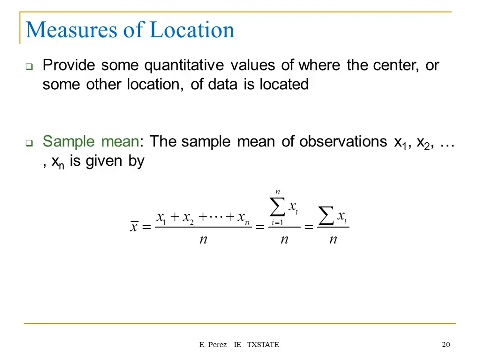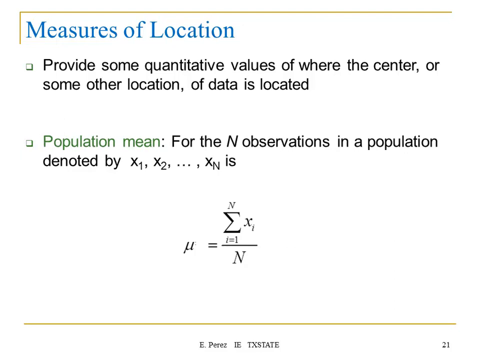And you can see the difference in the notation. For the sample mean, you use the little n, and when you compute the population mean, you use the capital N. Also, the population mean is represented with mu, and the sample mean is represented by x bar.